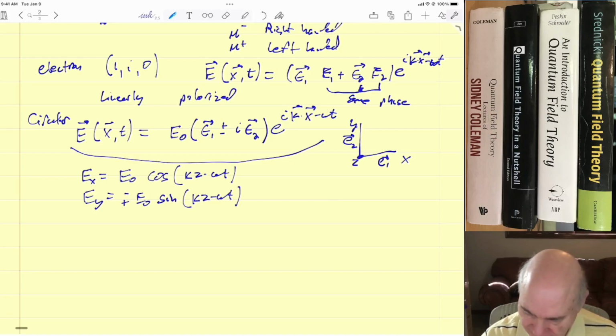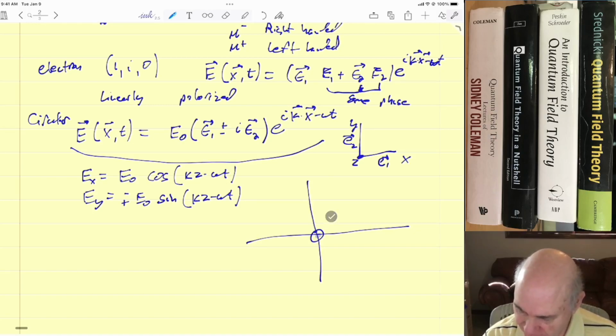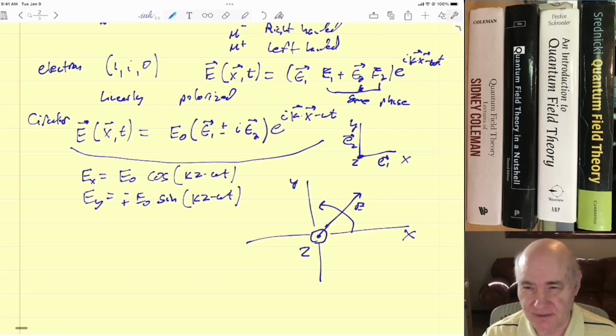And if you were to graph that in the xy plane, imagine this is the z-axis going out of the page, so x, y, z, and you would see that the electric field E would be rotating like this, counterclockwise in that plane, if you look from the wave approaching you.